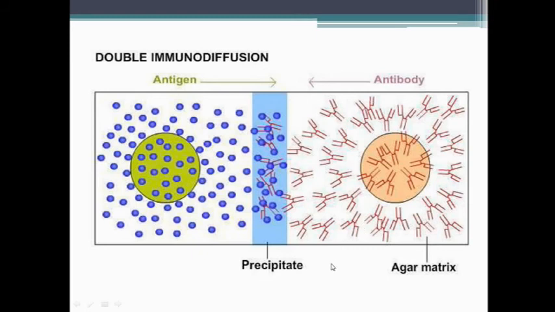After some time, antigen and antibody diffuse and form a band, that is the antigen antibody precipitation band. The diffusion is passive, so this zone is called the precipitation zone or equivalence zone.